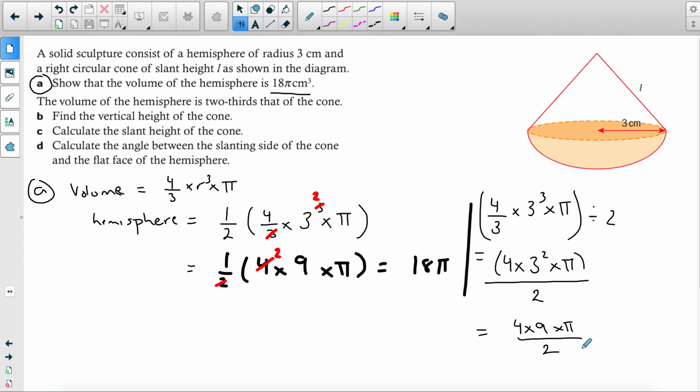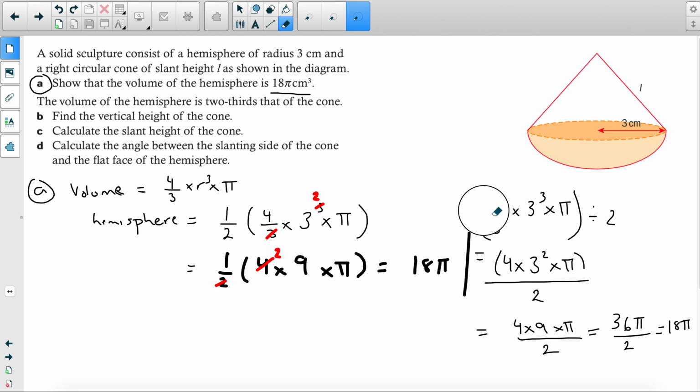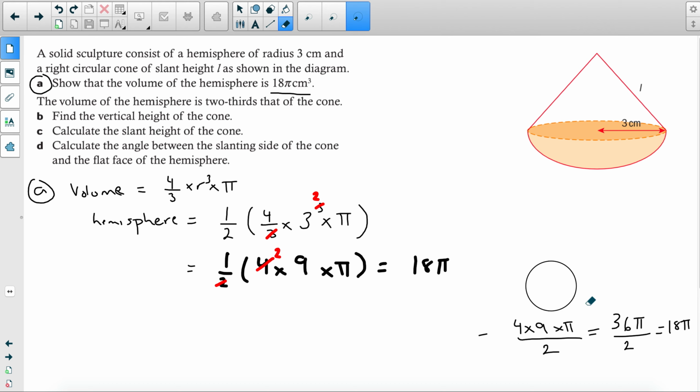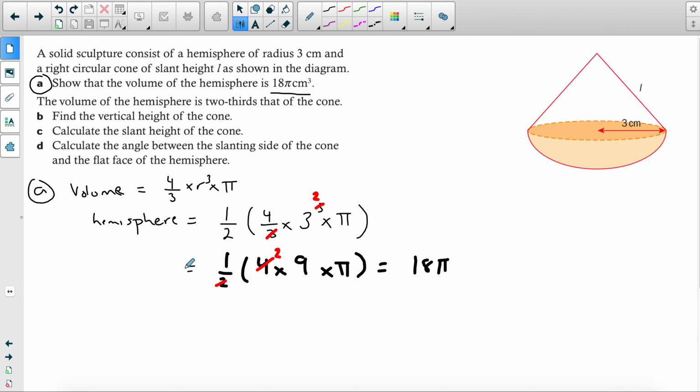Again, you can multiply this and you will get 36 pi divided by 2, which simplifies to 18 pi. So you can do it in many different ways. I'm going to stick to the first method just to not overload the page. So we found this. As soon as you get to this step, then you're fine.